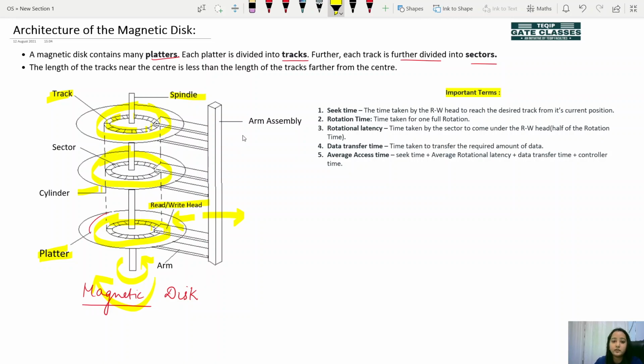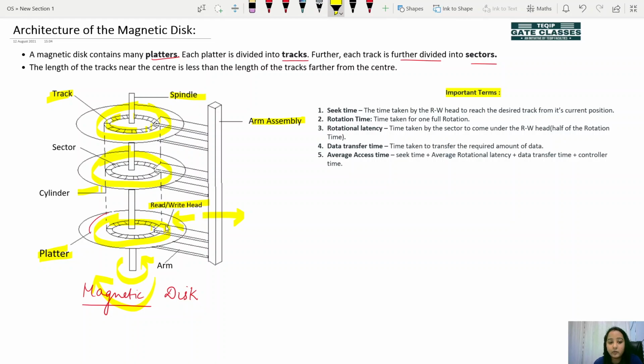So this one is the arm assembly that is holding all the read and write heads. It is very important to remember that this read and write head is responsible to fetch the data by moving forward or backward.